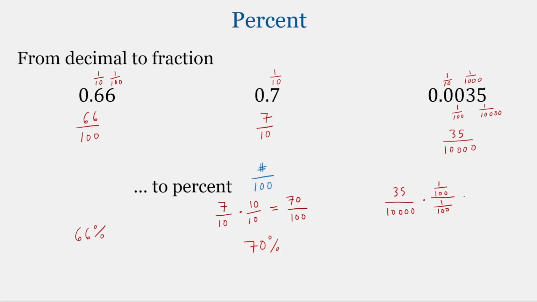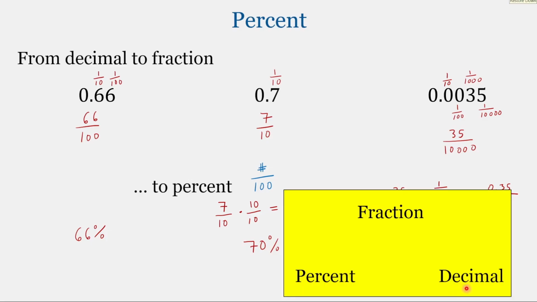Multiplying the numerator and the denominator by 1 over 100, we end up with 0.35 all over 100. So we now have a per 100 fraction. So our percent is 0.35%.